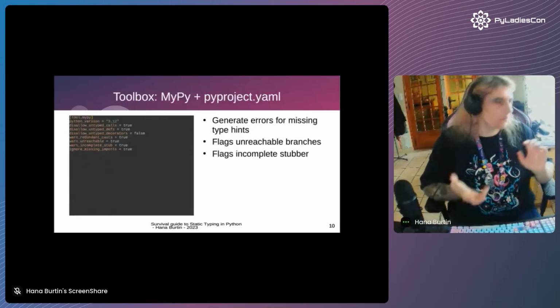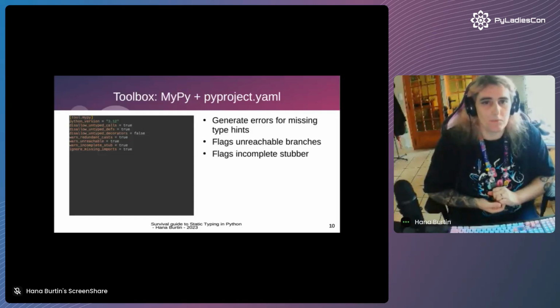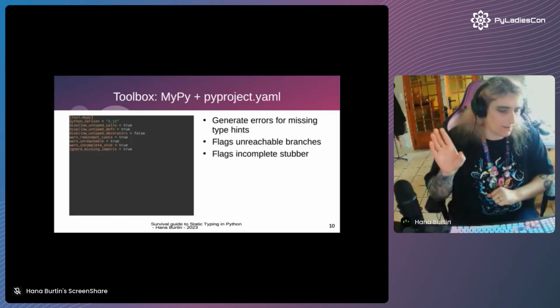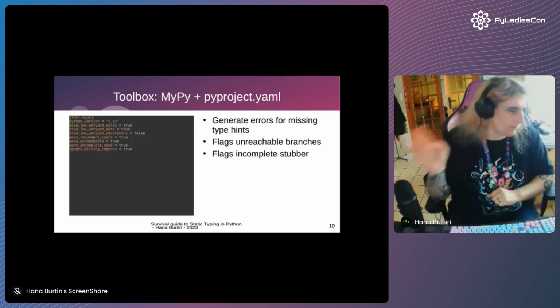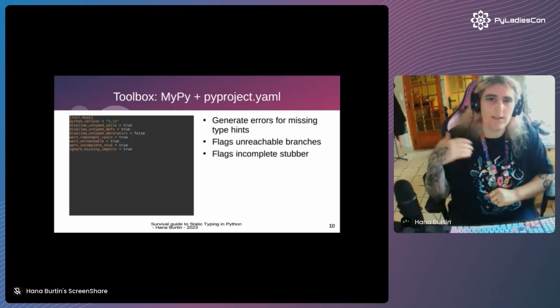Also, a bit of toolbox, as I was saying. So MyPy will basically look at your code, look at the type hints, and find where you have any issues. There is a GitHub repository associated to this talk, and you can download it.